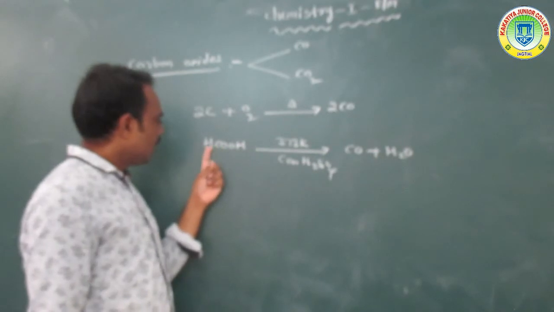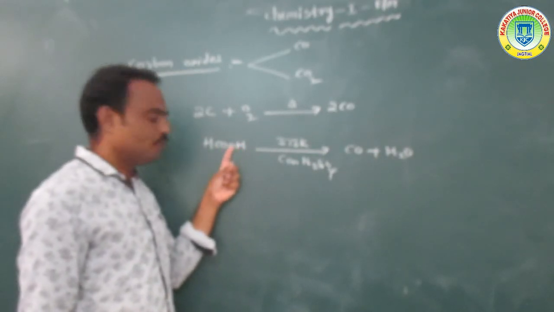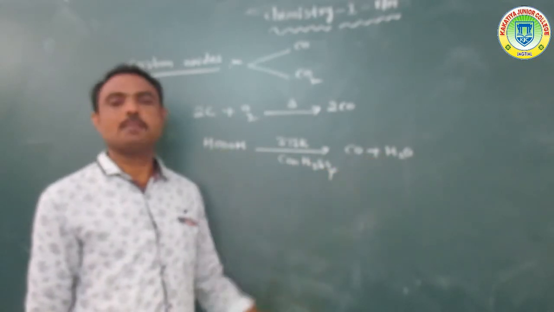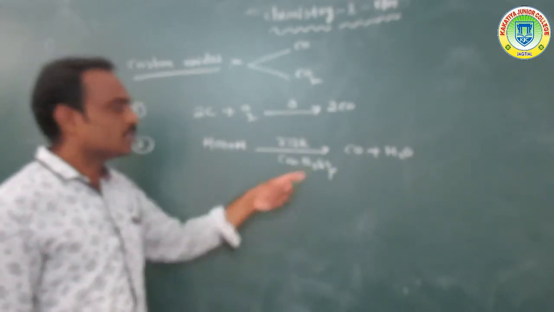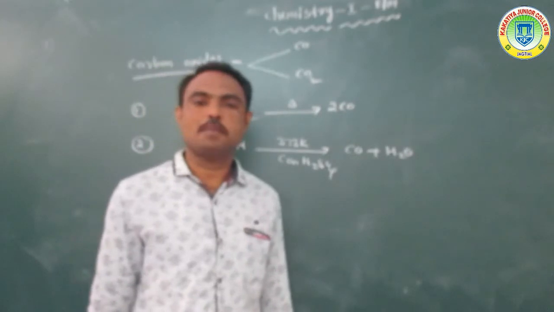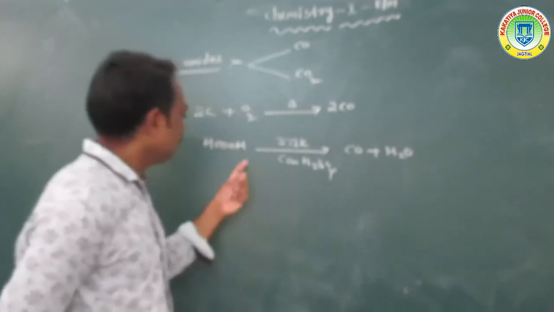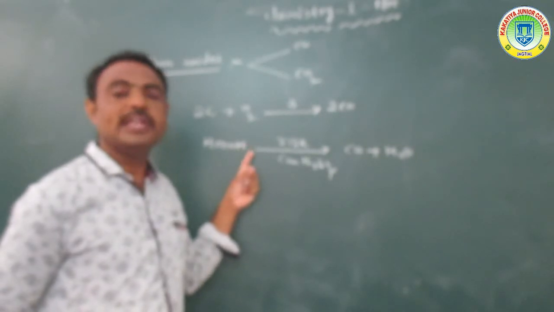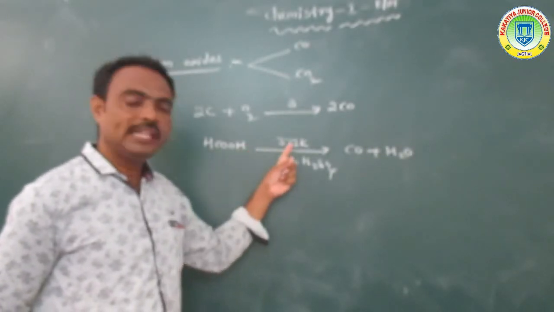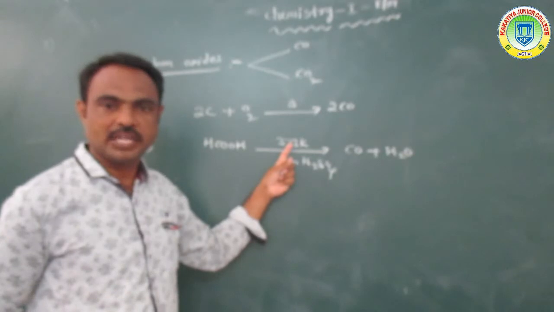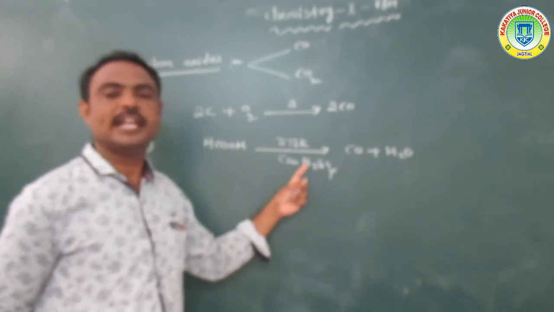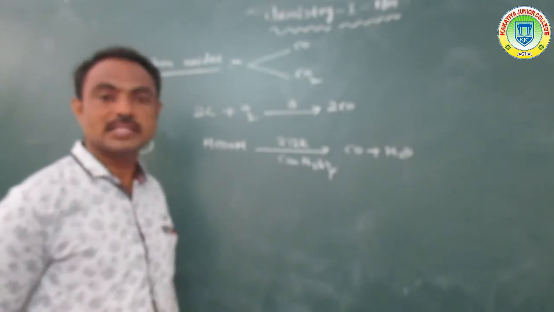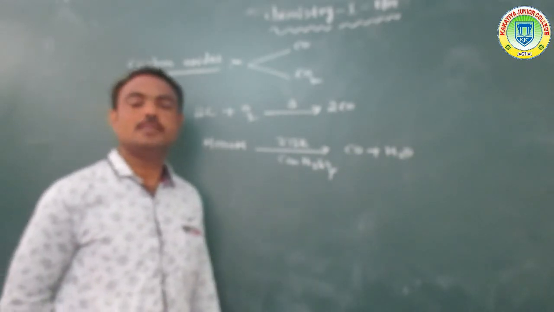Listen, H2O, H2O, and further CO, carbon monoxide. It is also another preparation of carbon monoxide. When formic acid is heated at 373 Kelvin in the presence of concentrated H2SO4, it forms carbon monoxide and water molecules.